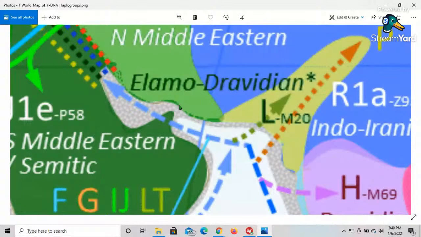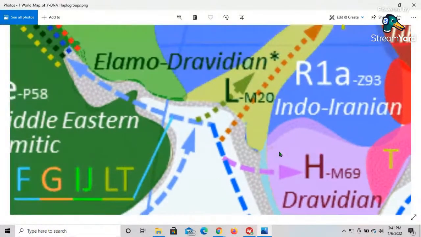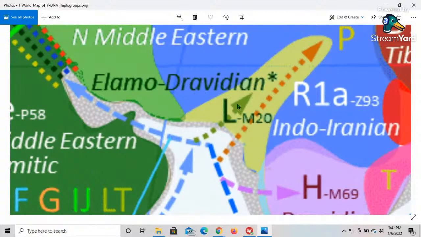Elam today is recognized as having the H paternal Y chromosome. Now, this L paternal Y chromosome would not be Elam. The reason being is that that's a Greek Y chromosome.